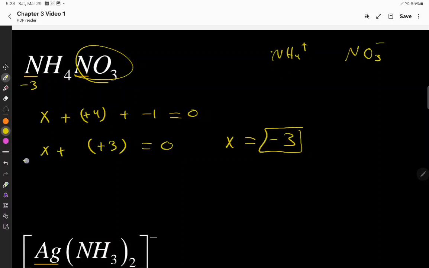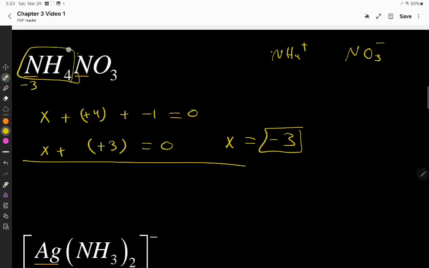We found it. Now let's find the second N. This nitrogen, the second N. We will deal with this all as one group which has one valence number, which is 4. Its oxidation number is positive 1.